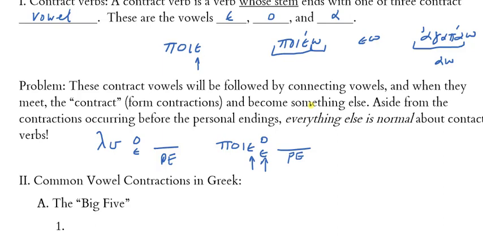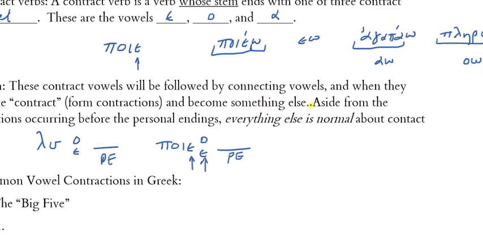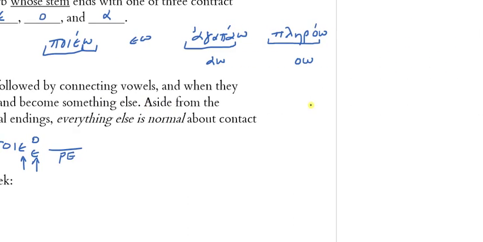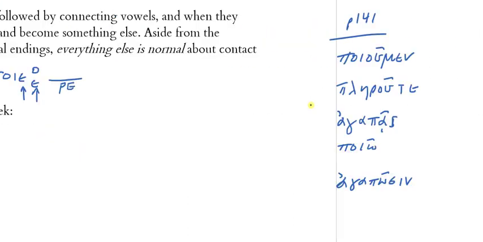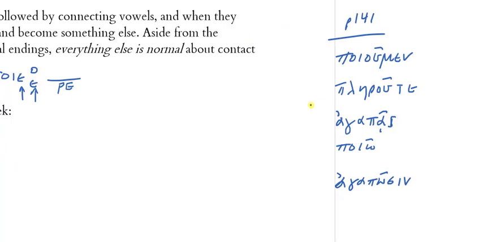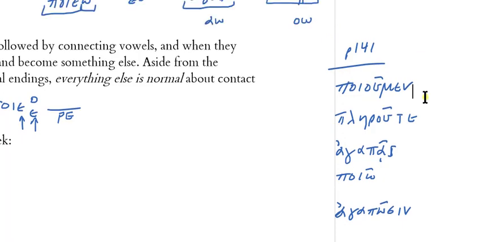So Mounce gives you a couple of examples of that, and why don't we just look at those real quickly at the top of page 141. Okay, so here we have the actual verb forms that are contract verbs with the contract vowel. Notice that the endings here are not too difficult, are they?